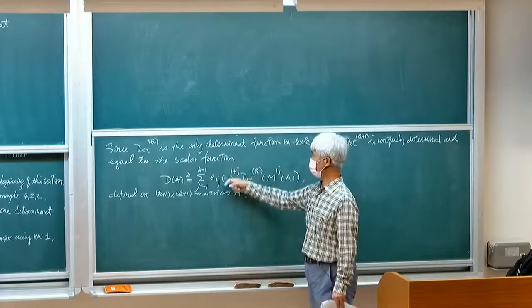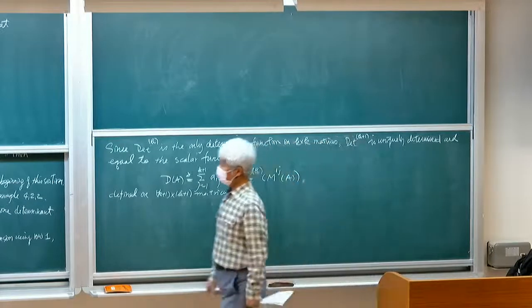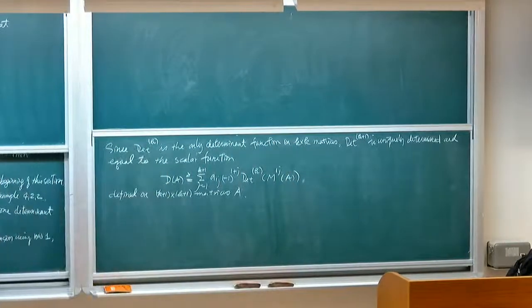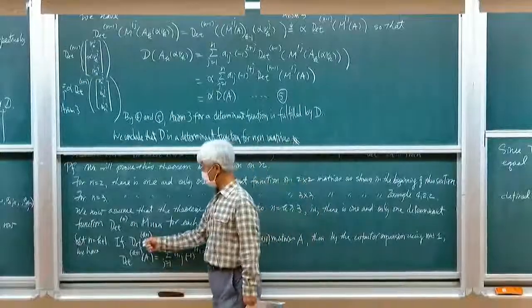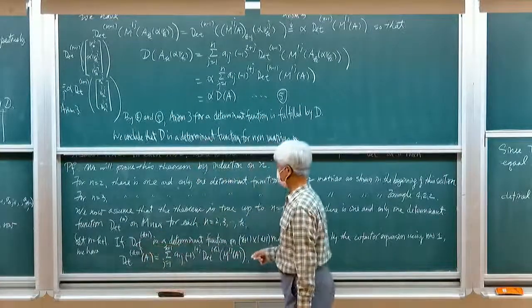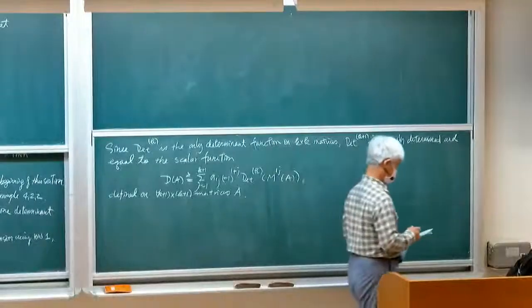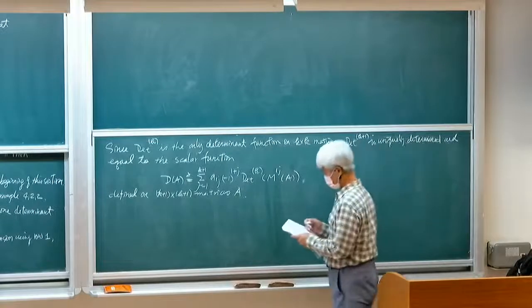Up to now, suppose there exists one. If there exists such a determinant function, then it must be equal to this function.